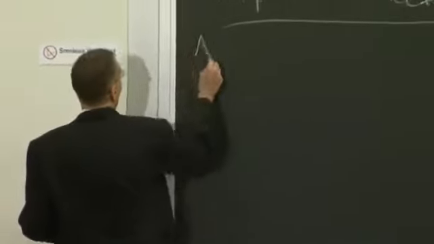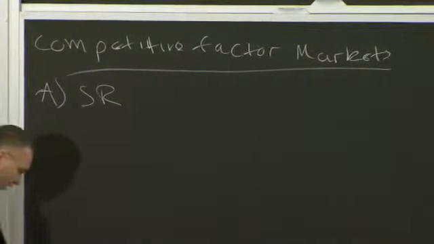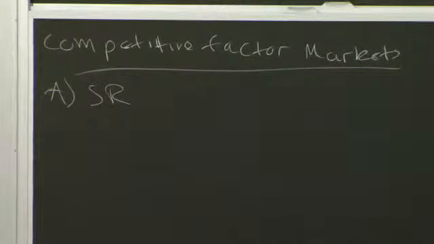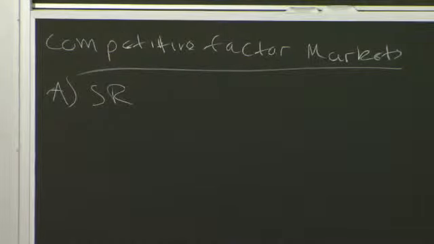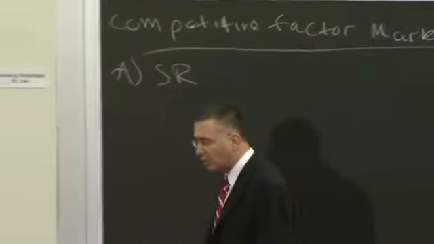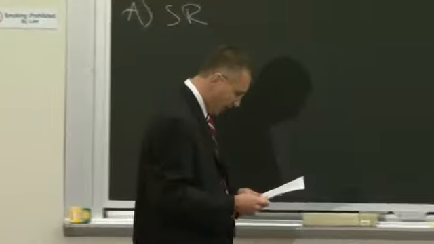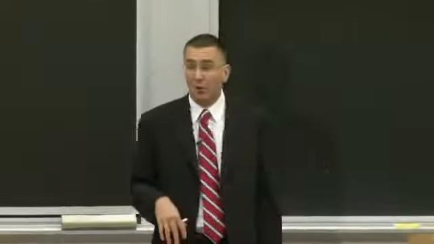Well, once again, let's start with the short run. In the short run, capital's fixed. So a firm has said, look, I've done my short-run profit maximization, my isoquants and isocosts. I've decided how many workers I want given a fixed level of capital. And that gives me some demand for labor.